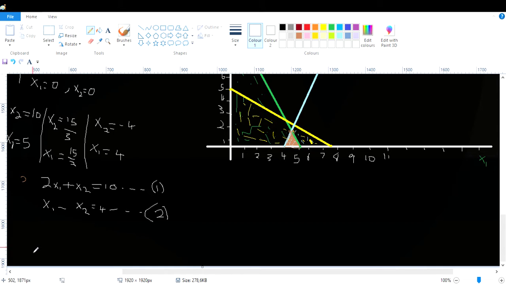So x sub 2 is equal to minus 4 plus x sub 1. This is equation 3.